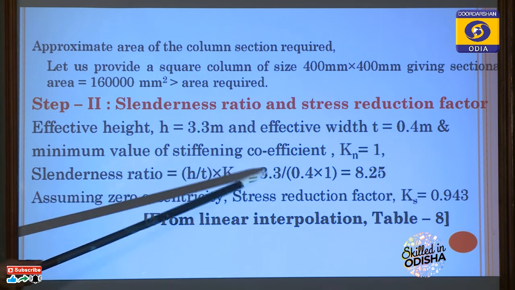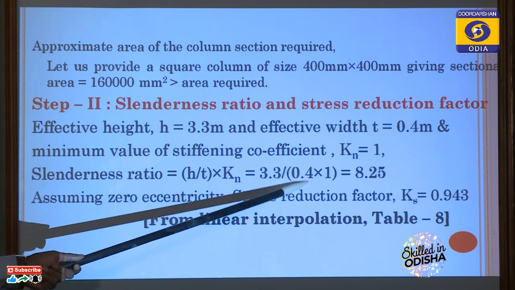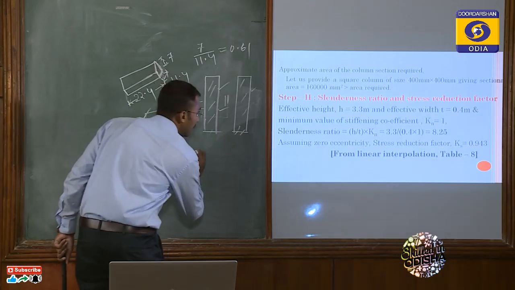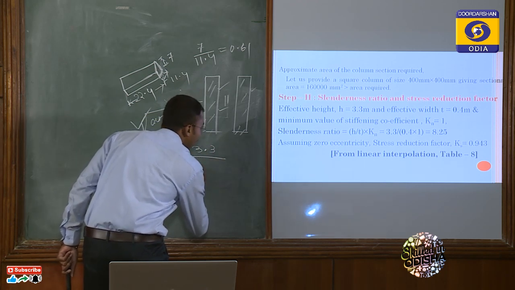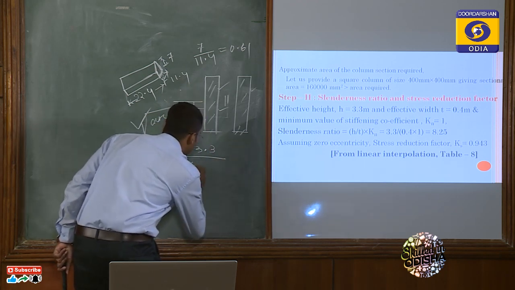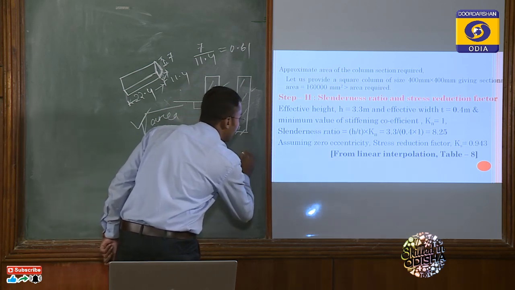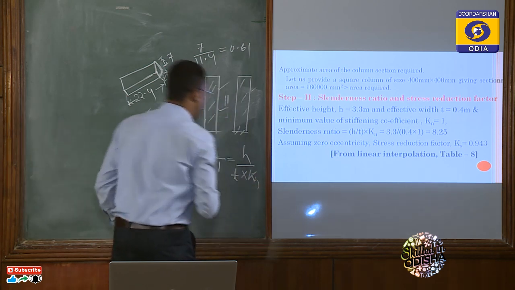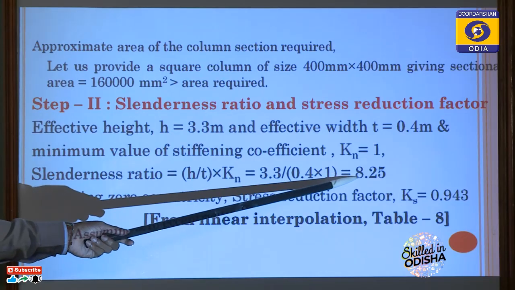So H is 3.3 here, t is 0.4 and Kn is 1. So write down this formula, H by t into Kn. It is coming around 8.25.